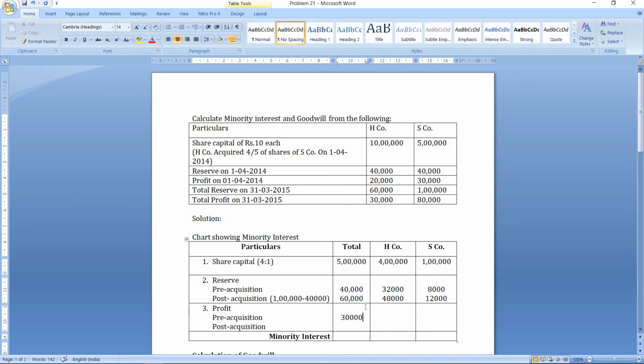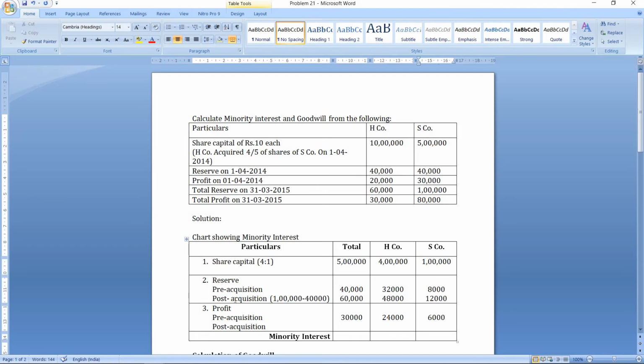This 30,000 will be divided between H company and the remaining shareholders. So 30,000 into 4 divided by 5 will be 24,000. And for S company, 30,000 into 1 divided by 5 will be 6,000.